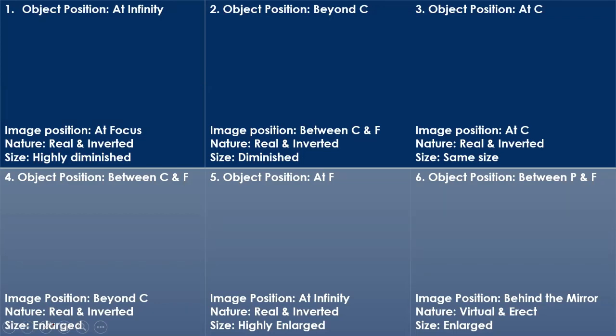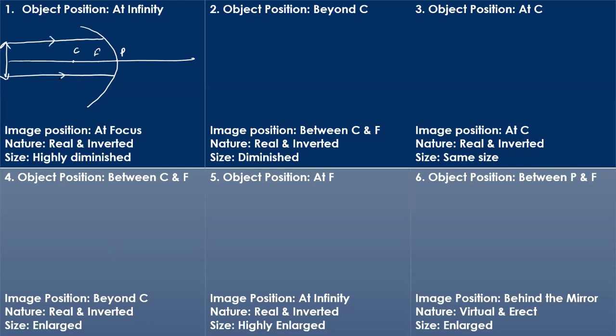If you observe, object position at infinity. So let us draw a concave mirror. This is my principal axis, pole, focus, center of curvature. Where is the object? The object is at infinity. Whenever the object is at infinity, how are the rays? The rays are always parallel to the principal axis, and according to the rule, when the rays are parallel to the principal axis, they have to pass through focus.